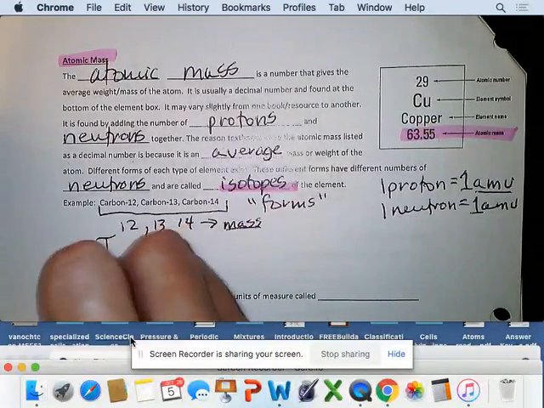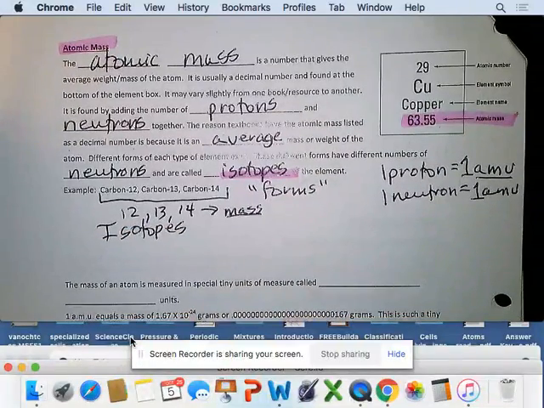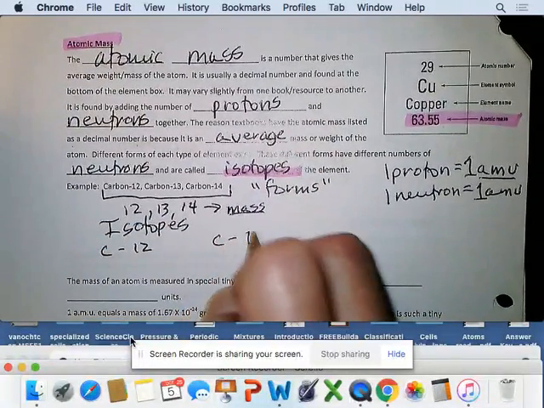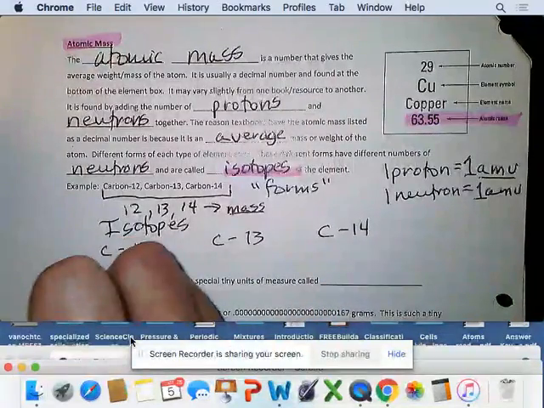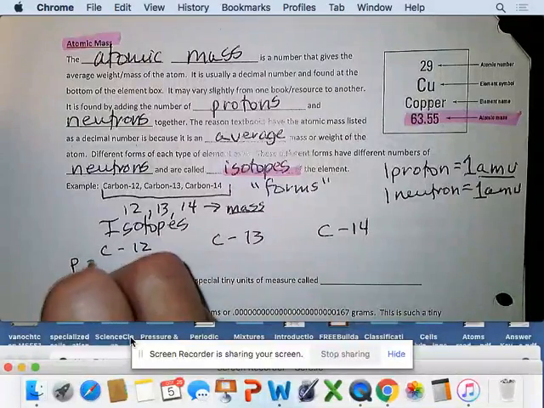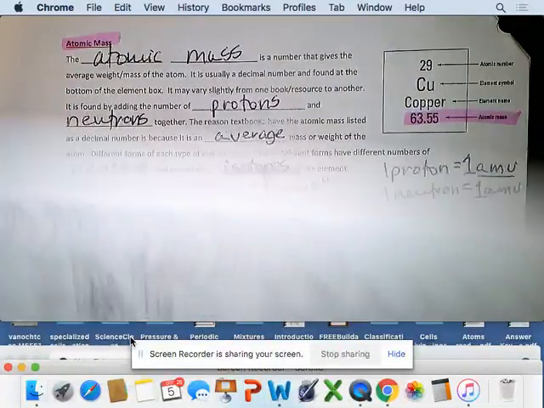So these right here, carbon 12, carbon 13, carbon 14, the 12, 13, and 14 is telling you the mass of a specific isotope of carbon. So these are isotopes. Look on your periodic table and tell me for carbon 12, how many protons does carbon 12 have? Can you find carbon? It's in the upper right. What is it, Preston?